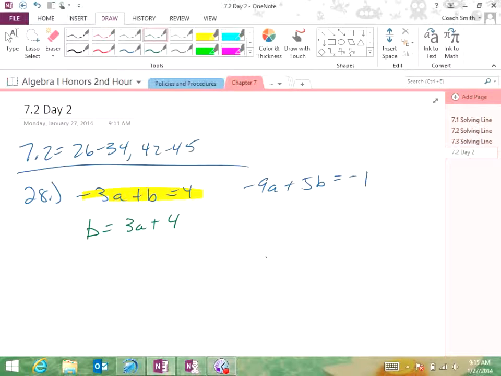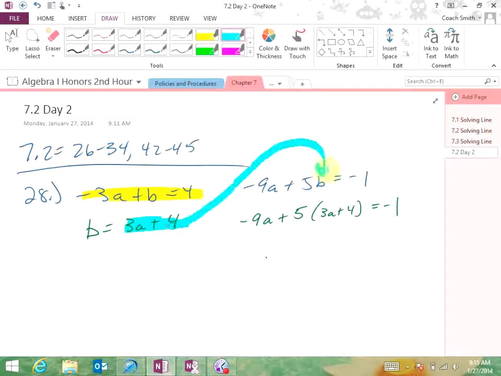Okay, so if we plug in what we have for b into the other expression, then we get negative 9a plus 5 times 3a plus 4 equal negative 1. Okay, so we substituted in this for the b that's right there.